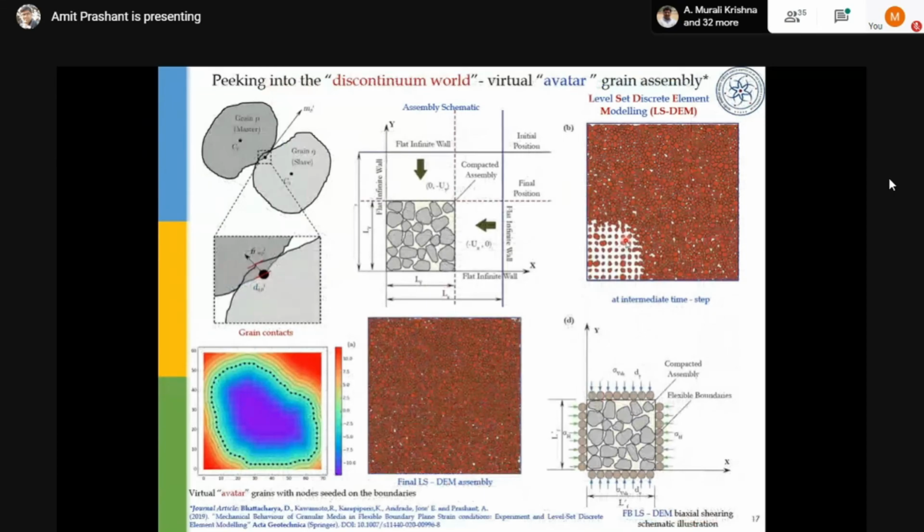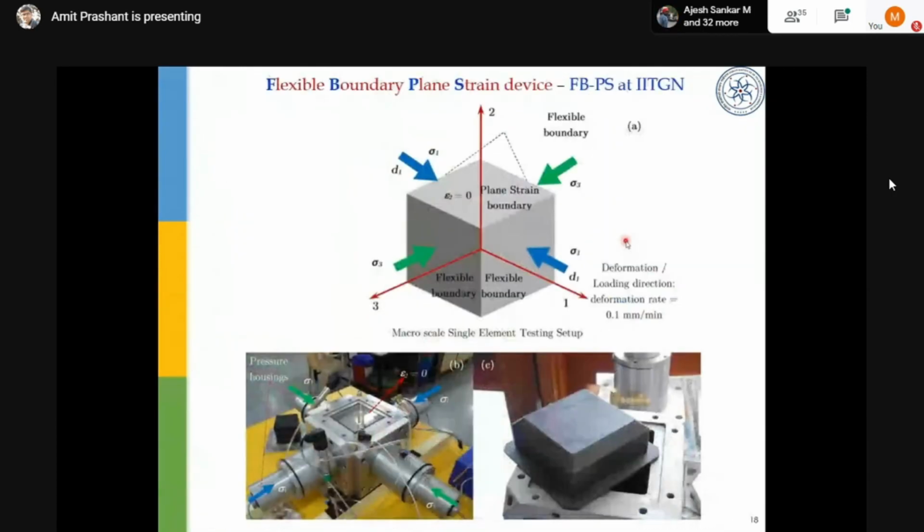So in a way, what we want to say is this discontinuum world is the way to go, but only for research. When we go to real life problems, it is difficult, but insights from grain scale analysis are very useful.